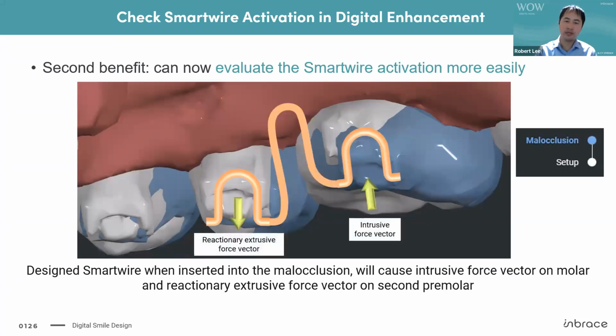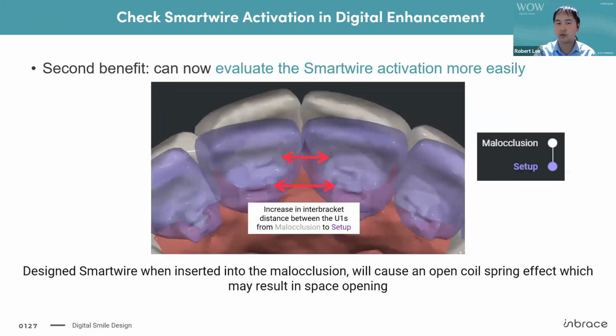Then it's going to want to express and go back to its original shape, which is going to cause intrusion because of the buccal root torque. So the intrusion is a vertical side effect, but it's also going to cause a reactionary force on the 5, a reactionary extrusive force vector. So again, you're adding a lot of unpredictability into your system. That's why I generally recommend trying to remove single tooth torque in digital enhancement whenever possible.